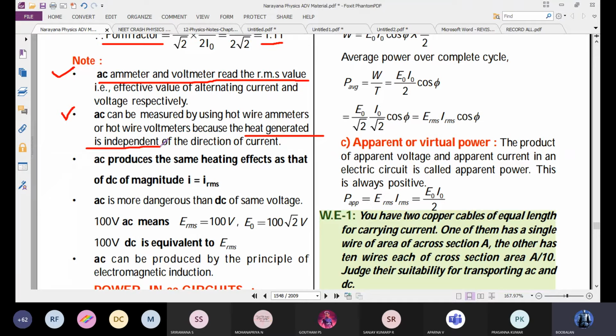Please note it, everyone take notes. The AC value, I RMS, both are also equal.